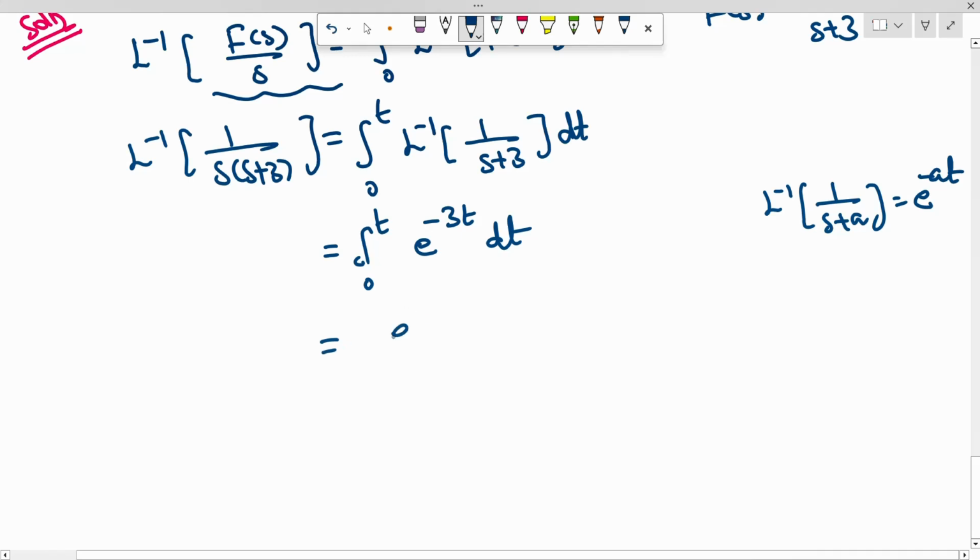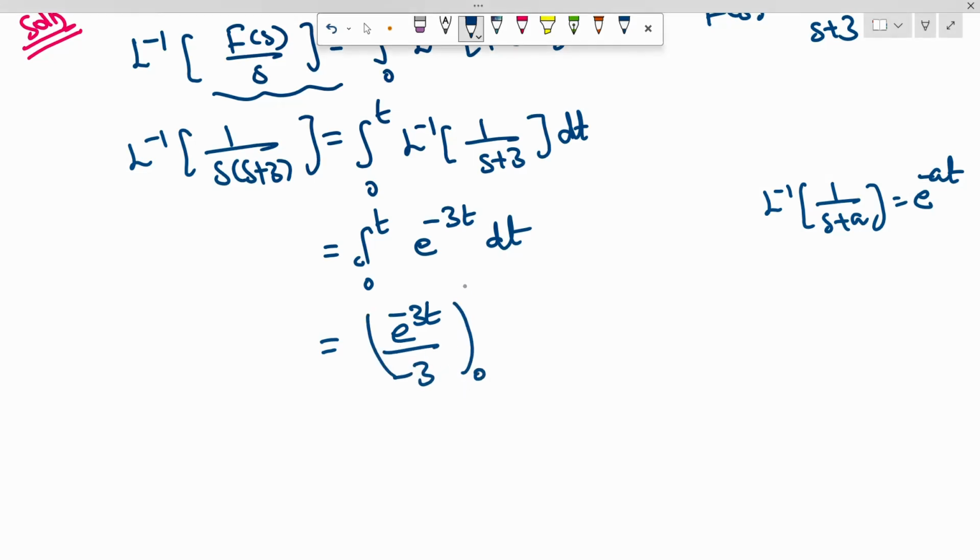The integration of e power minus 3t is e power minus 3t by minus 3 with the limit 0 to t. Now apply the upper limit value t, which gives the same form because we are replacing t by t only. Minus the lower limit value 0, e power 0 by minus 3.